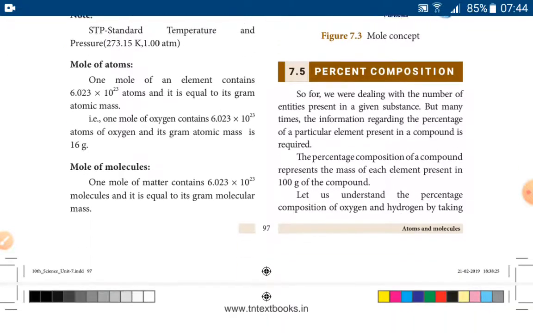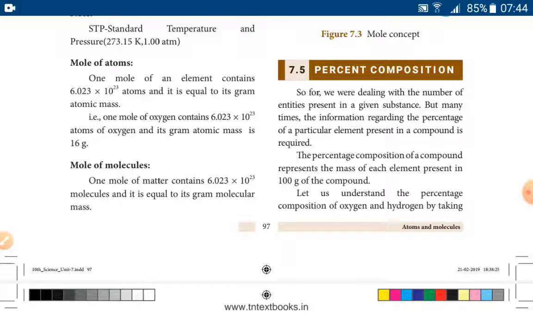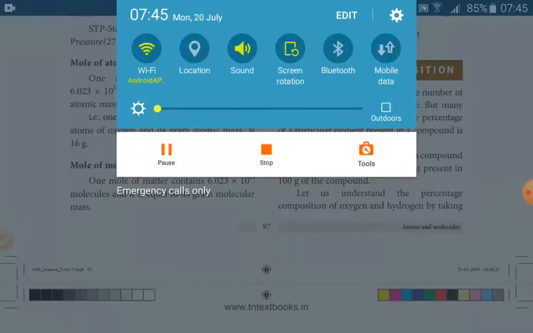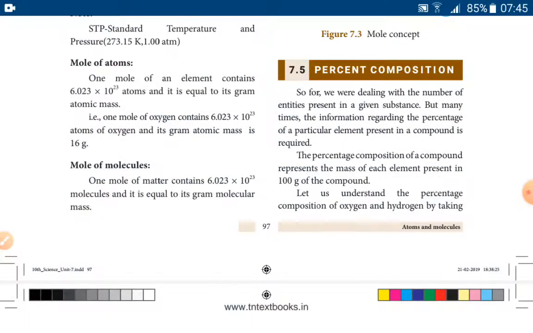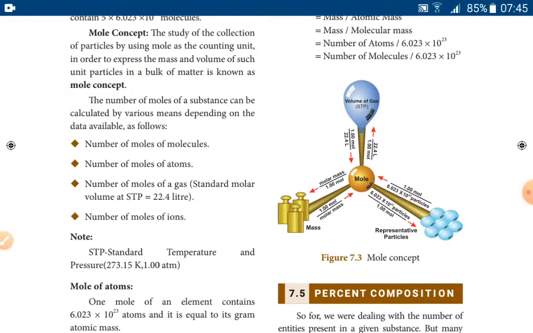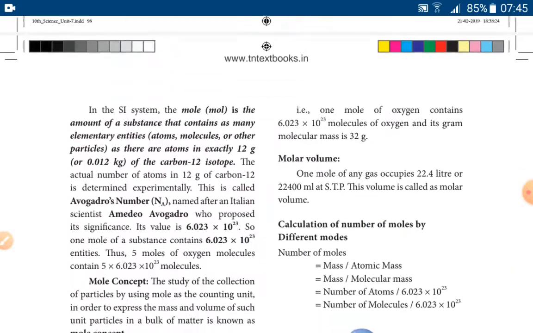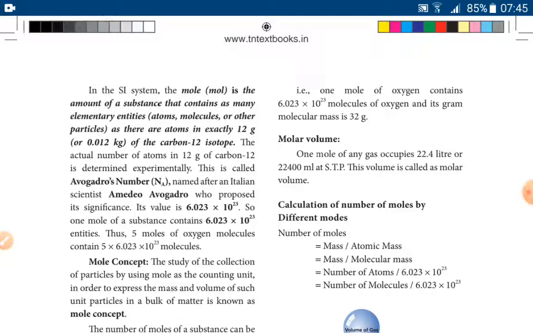Then moles of molecules also. 1 mole of any substance always contains the Avogadro number of molecules, and that is also called the gram molecular mass. For example, 1 mole of oxygen contains 6.023 into 10 power 23 molecules of oxygen, that is 32 gram.